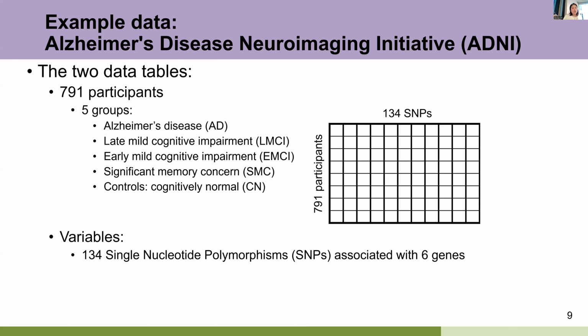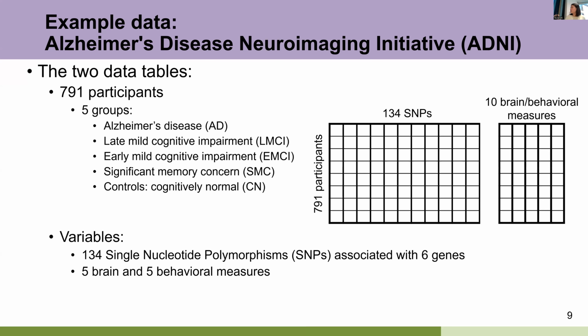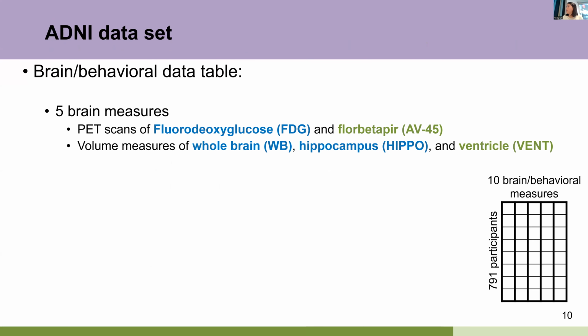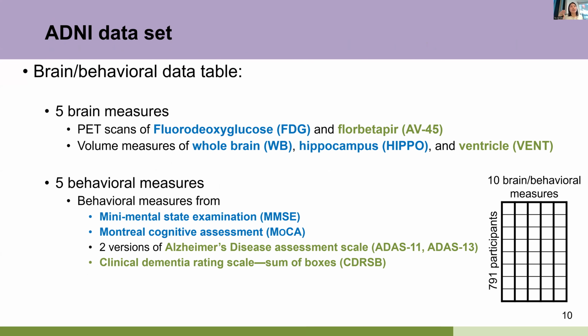The two sets of variables that we have are genetics information, so 134 SNPs that we know are related to Alzheimer's, and also another 10 brain behavior measures. In the brain behavior measures, we have things that are positively related to cognitive decline, and ones that are negatively correlated to cognitive decline.